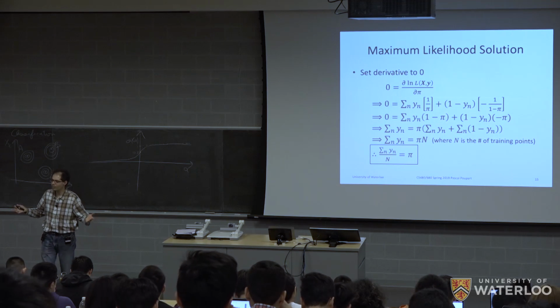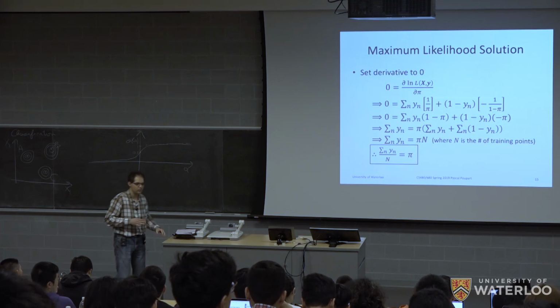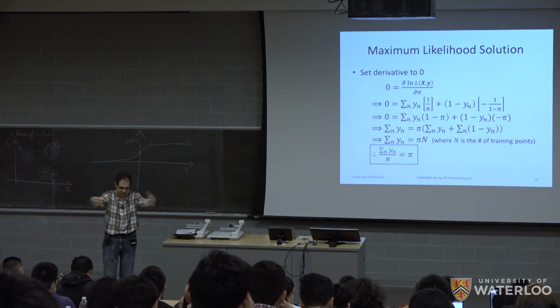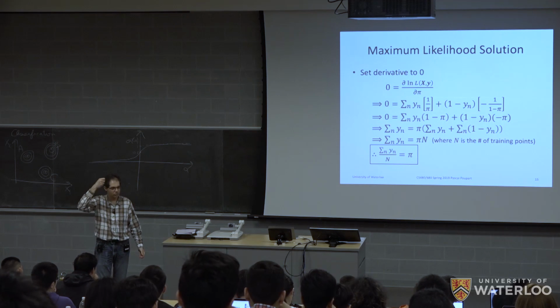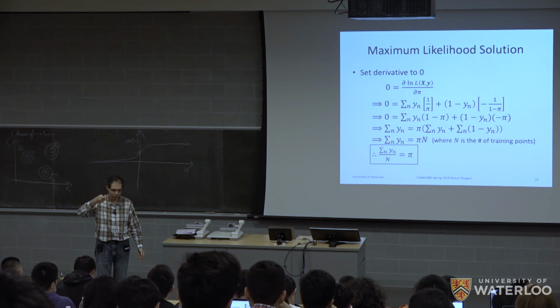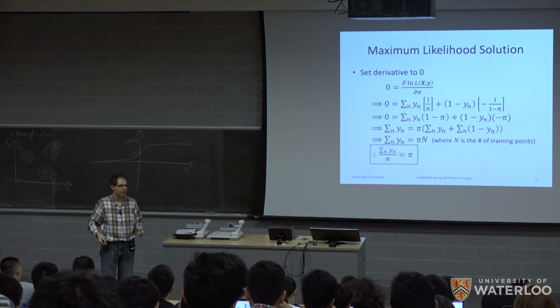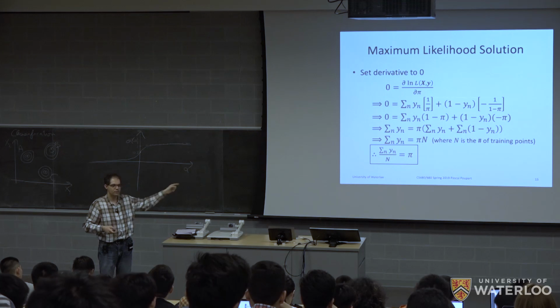And this is beautiful because if you didn't see any of these derivations, and in fact, if you just went on the street and asked somebody, I've got a data set and I need to estimate a parameter in my model pi, which is the probability that a point belongs to class 1, given a data set, what would be your guess? They would probably just look at the fraction of the data that belongs to class 1 and set pi to this fraction.